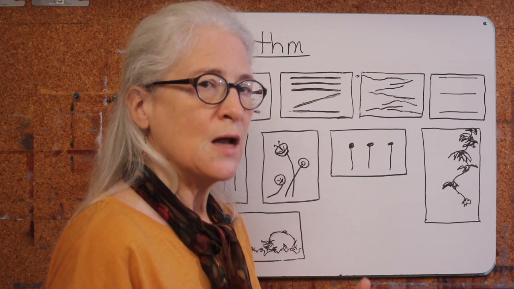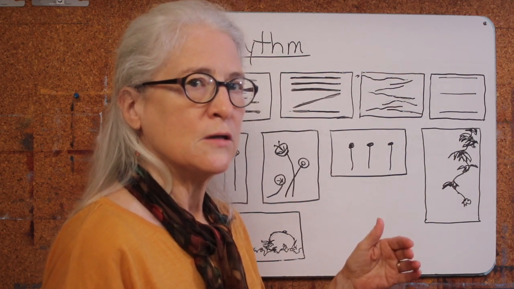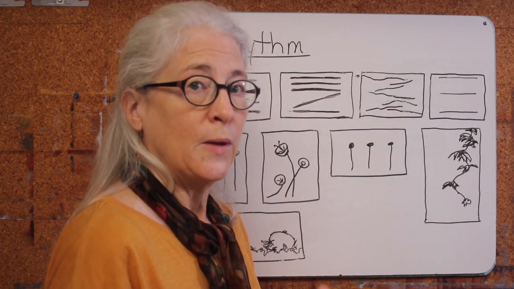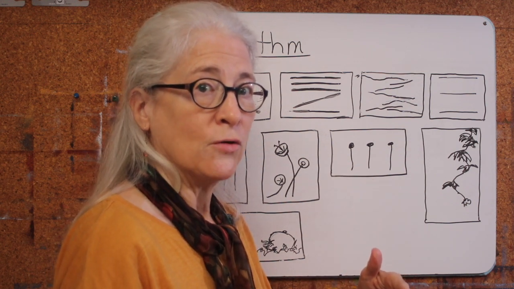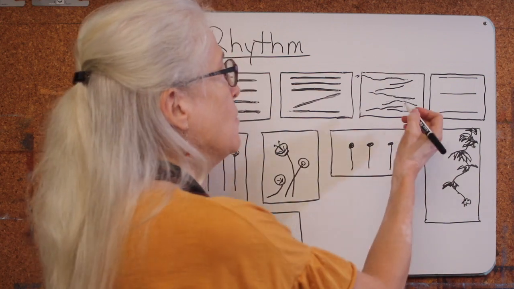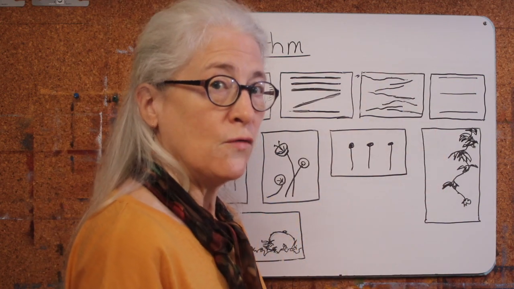They're sometimes not so good because, depending on how you've planned your composition, they can lead the viewer in and out too fast. So right now, to me, this is too fast.